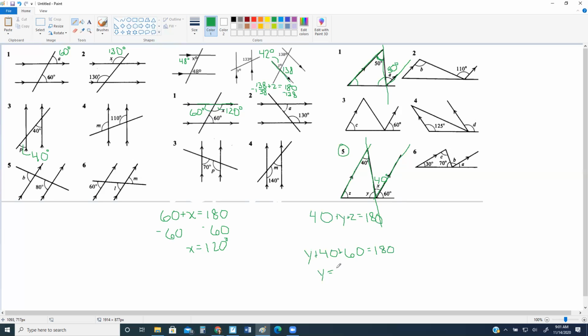40 plus 60 is 100. I'm just going to add that together right now. Y plus 100 equals 180.